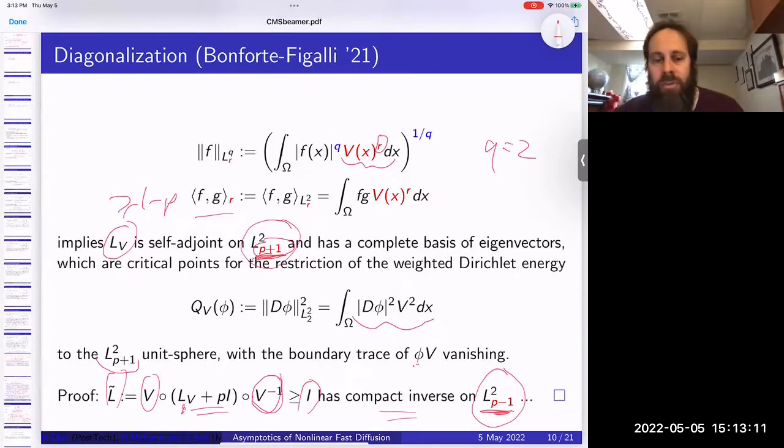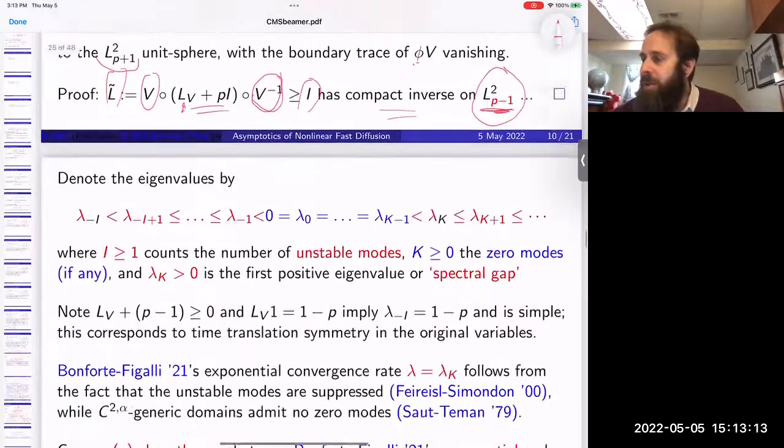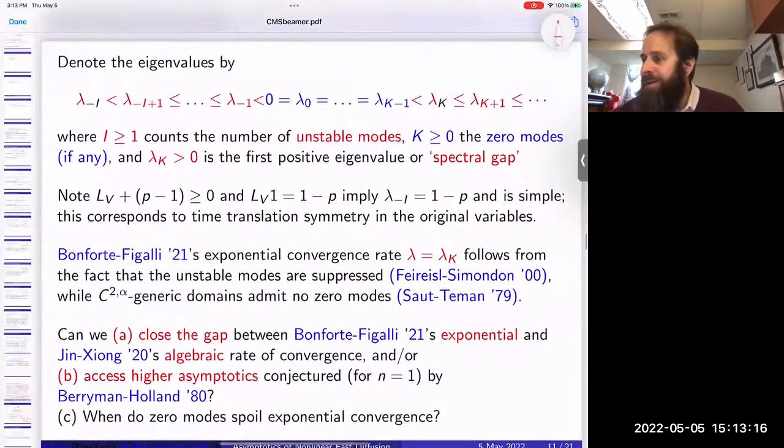But as I was mentioning, the eigenvalues are not all going to be non-negative. So I want to index them the following way. I'm going to suppose that there are I negative eigenvalues, and there's the possibility of some k zero modes. I'm going to call the smallest eigenvalue lambda minus I. They're going to count up to lambda minus 1.